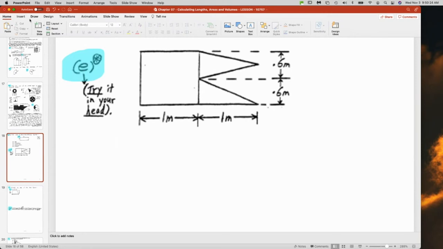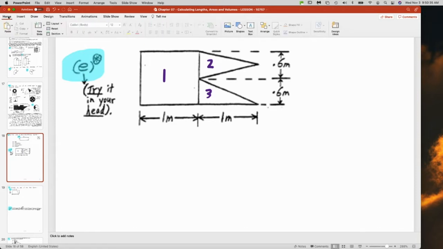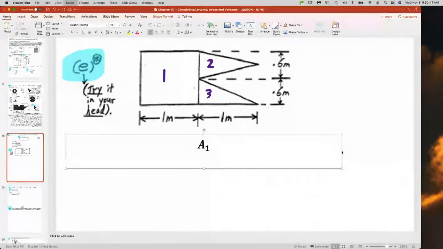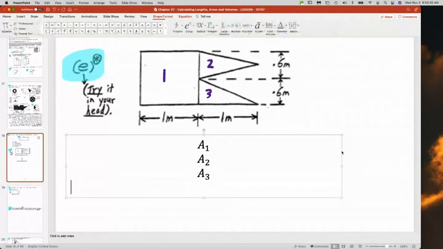Let's number these shapes. You don't have to number things. I just like to number them because it makes my life easy to talk to you. Communication is so key when you're doing these questions, especially with all these compound shapes. So, area 1, area 2, area 3, area, you guessed it, total.